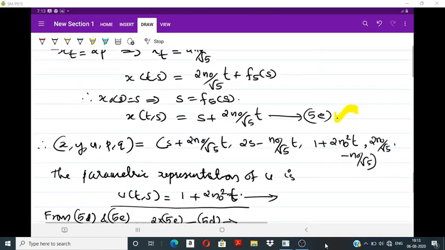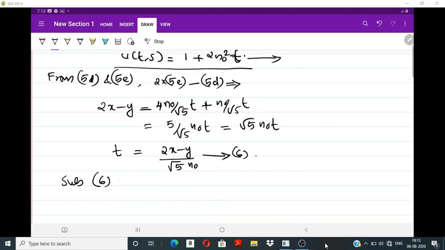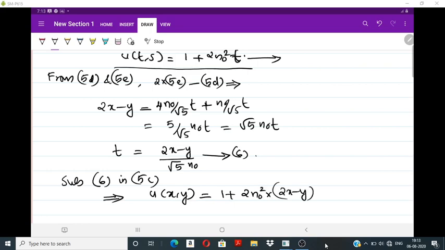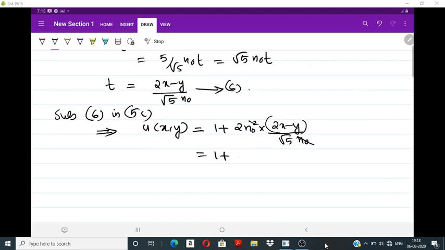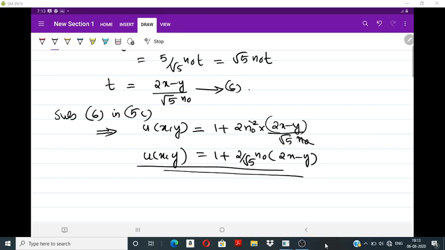So substitute 6 in 5c, which implies the integral surface is given by u in terms of x y is equal to 1 plus 2 n square into t. t is 2x minus y by root 5 n naught. So we can cancel one n naught. So this is equal to 1 plus 2 by root 5 n naught into 2x minus y, which is the required solution for the given eikonal equation with the given initial condition.